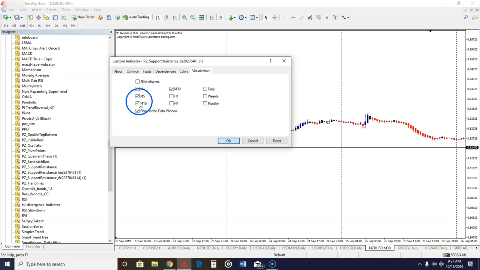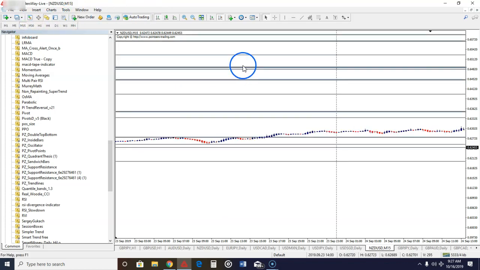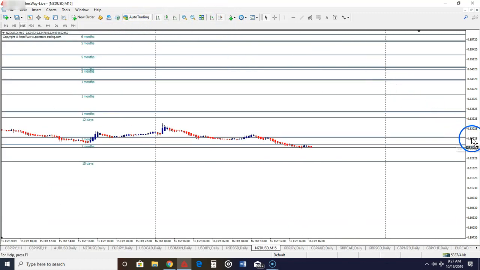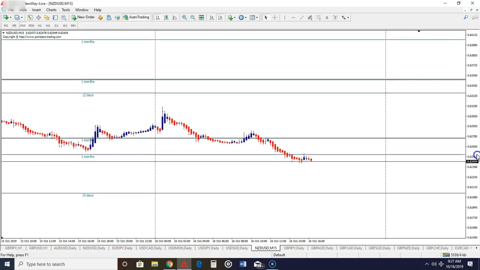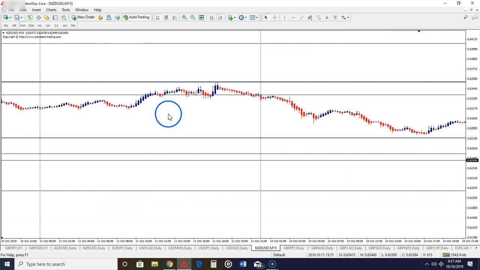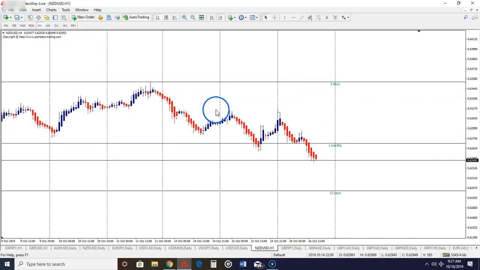Not saying that I trade these time frames, just in case. So now I'm looking at the major levels, 1 hour.